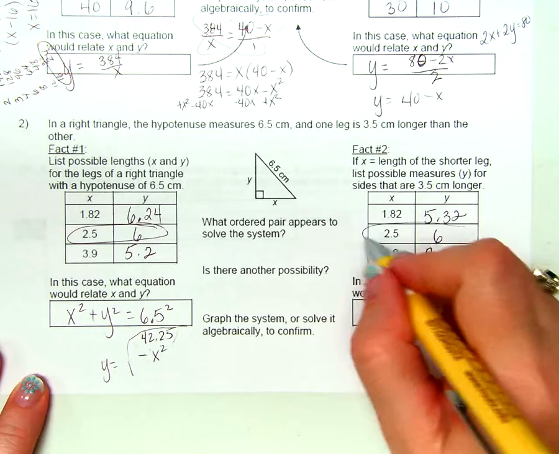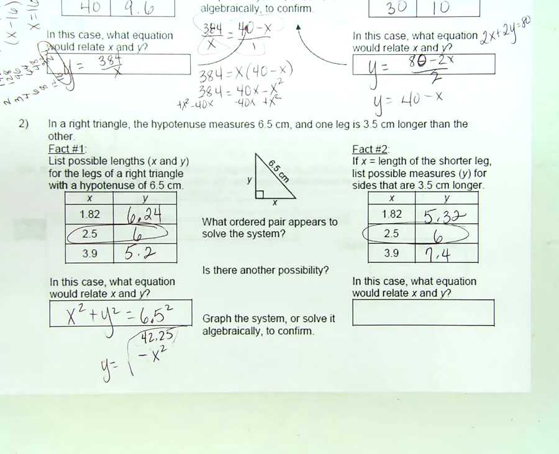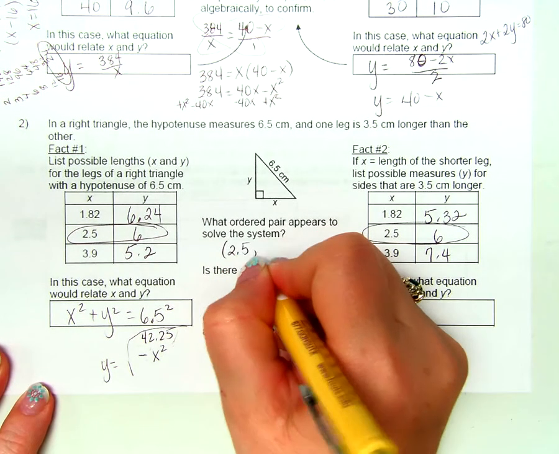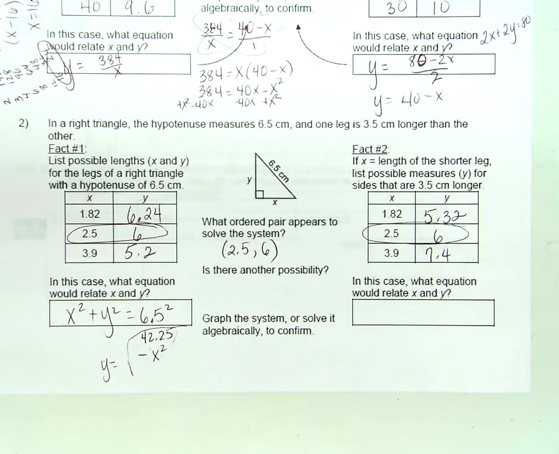2.5 and 6. It appears in both tables, right? So 2.5 and 6. Is there another possibility?